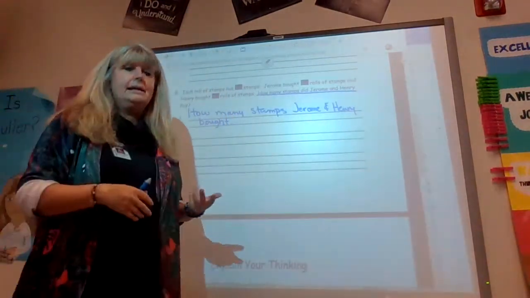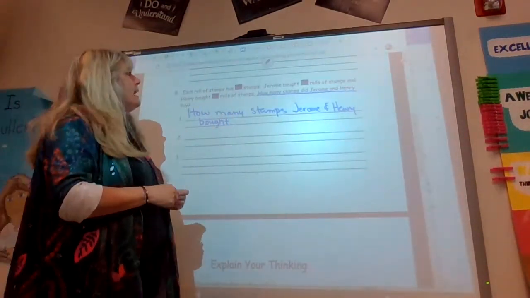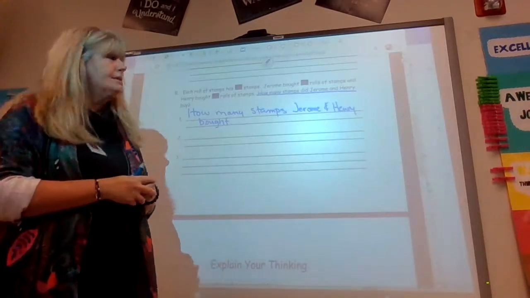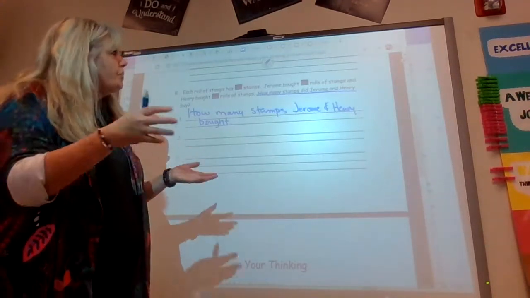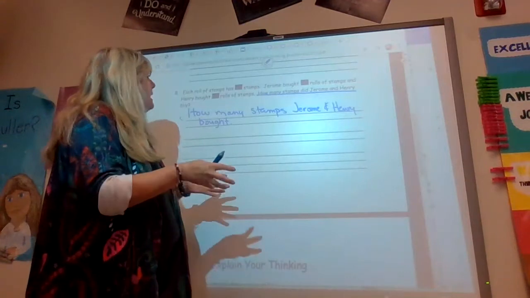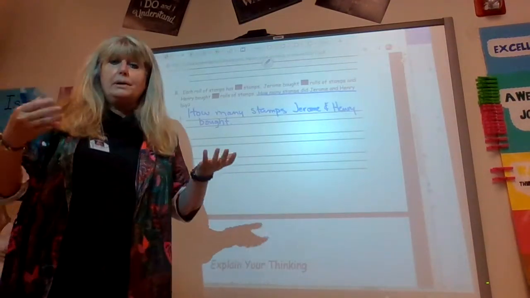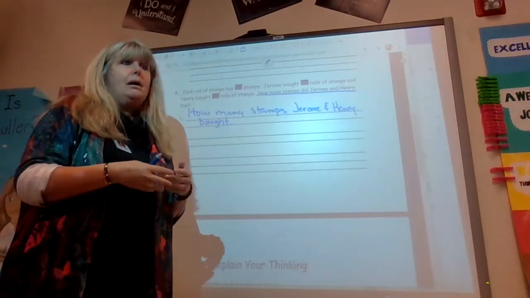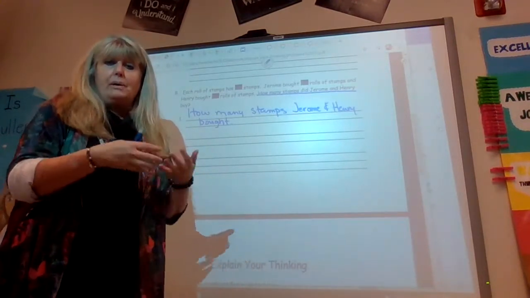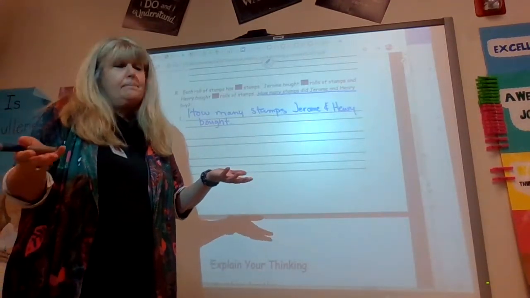Okay, let's go back in here. Each roll of stamps has X amount of stamps. Jerome bought so many rolls of stamps and Henry bought so many rolls of stamps. So I need to probably first know how many rolls of stamps Jerome and Henry bought all together, right?